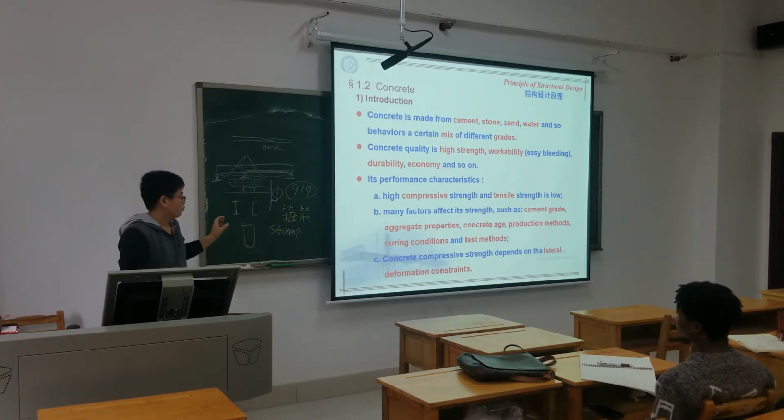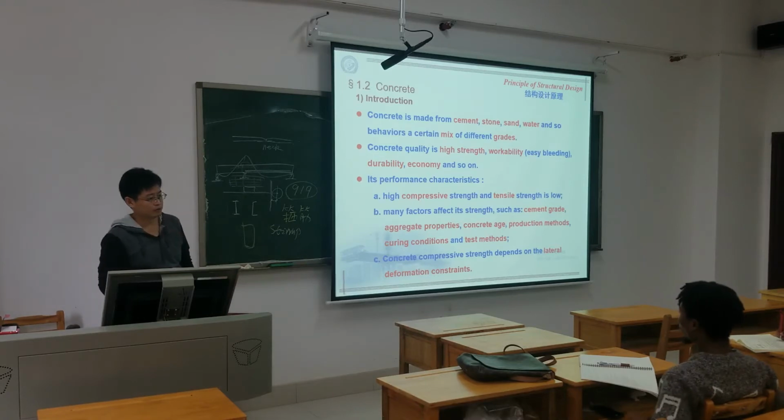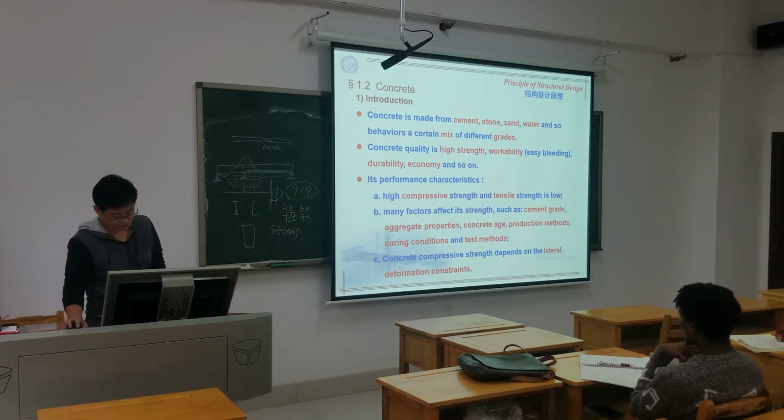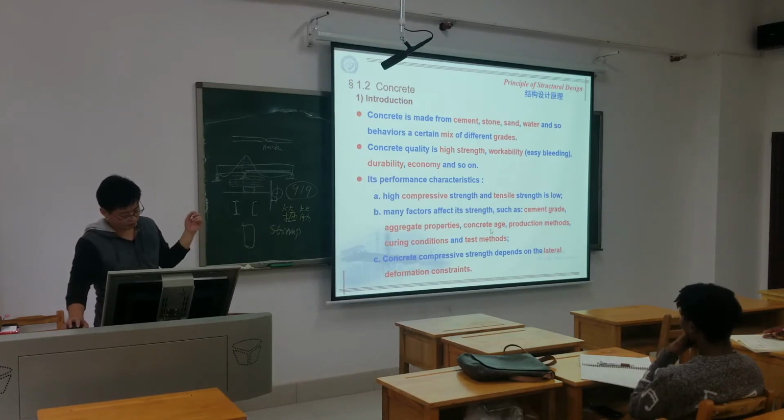Normally, when you pour the concrete into the mold, we need about 7 days before removing the mold. The concrete can reach 70 to 80% strength, and then you can remove the mold. So the concrete age also has a very important influence on the strength.